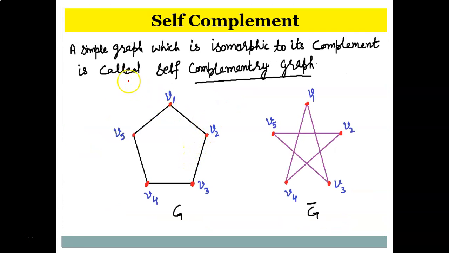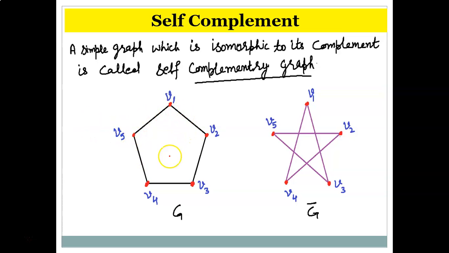Now the self complement. A simple graph which is isomorphic to its complement is called a self complementary graph. For example, again we have this graph with 5 vertices, and if I find the complement of this, then definitely I shall have the edges which are missing here.